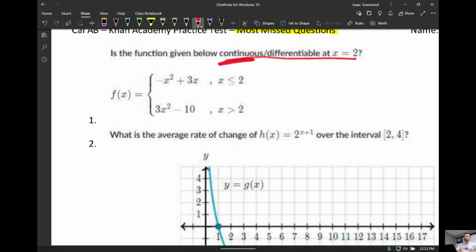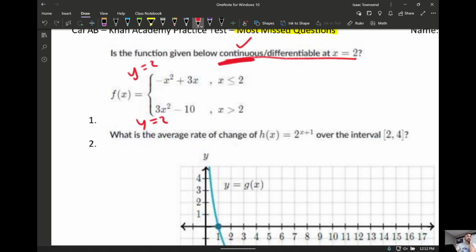Okay, so we'd like to know this y value at 2, so that would be -4 plus 6. And we'd like to know this y value at 2, that would be 12 minus 10. So at x equals 2, this is 2, and at x equals 2, this is 2. So, can we all agree that it's going to be continuous?